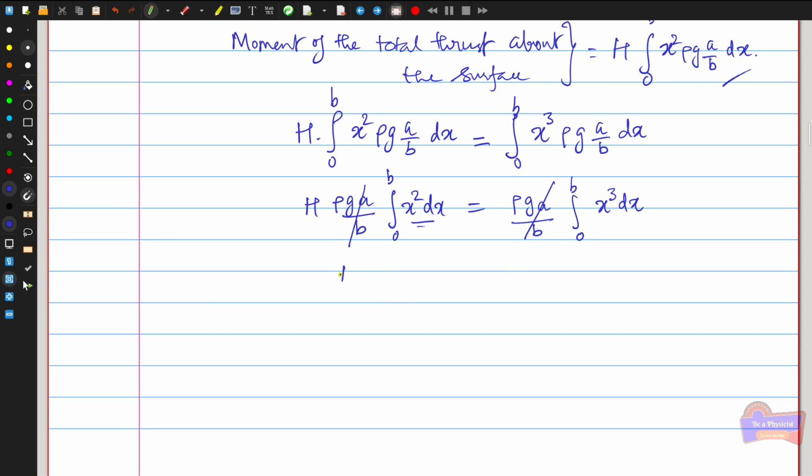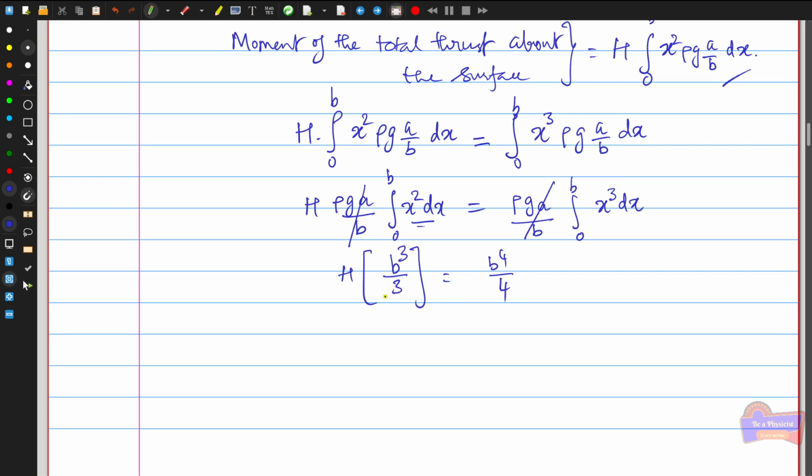We get h into x cube divided by 3, so substituting the value of b, b cube divided by 3, which is equal to b power 4 divided by 4.